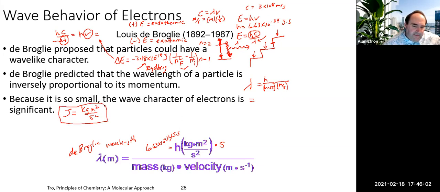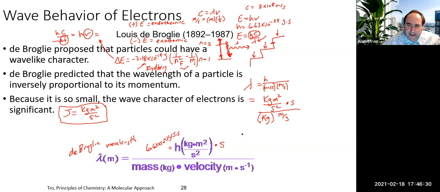If we put that in for our H up on top, we would have kilograms meters squared per second squared times the second. And on the bottom, that is why we need the mass not in grams, like we commonly might think, but in kilograms so that they cancel. And again, our velocity is in meters per second.